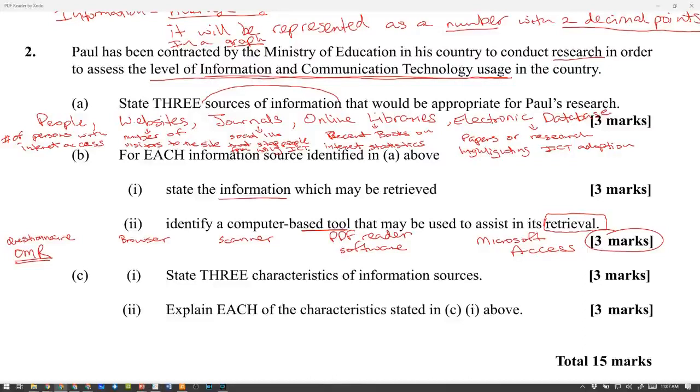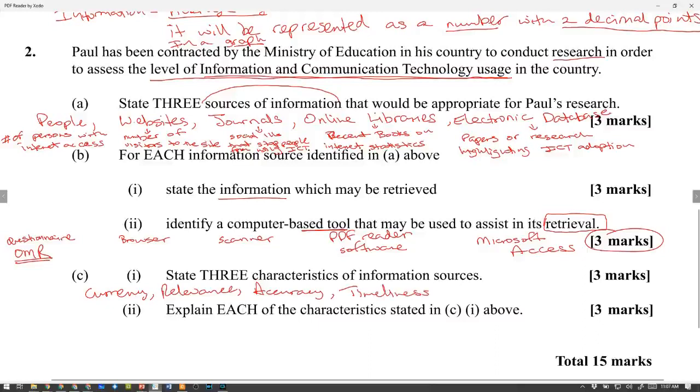Okay. State 3 characteristics of information sources. Well, there'd be a lot I could state. So we could state currency, relevance, accuracy, timeliness. I just called out those that came to my head at one time. What did I miss?